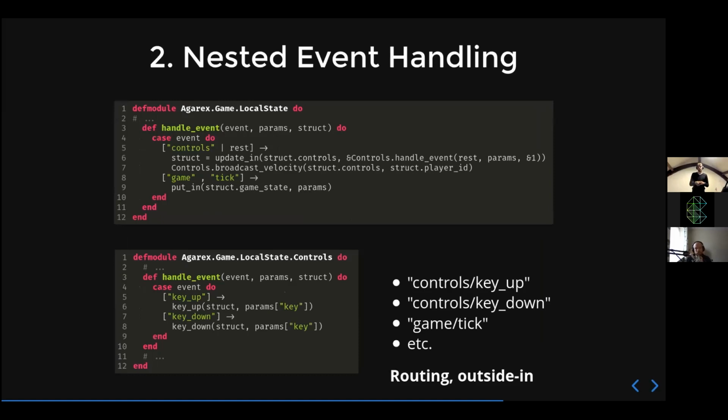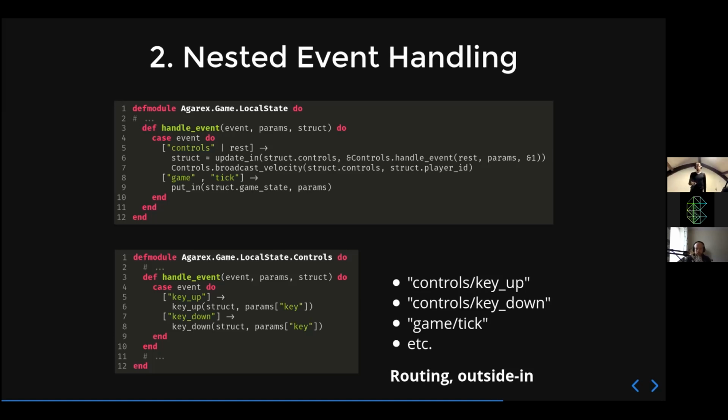In this case, for this local state, if the event topic starts with controls, then we know that it is actually interesting for this controls struct that we have nested in here. So we dispatch it there and only put the result again in the correct place. But if it's the game tick, well, we can handle that one directly.